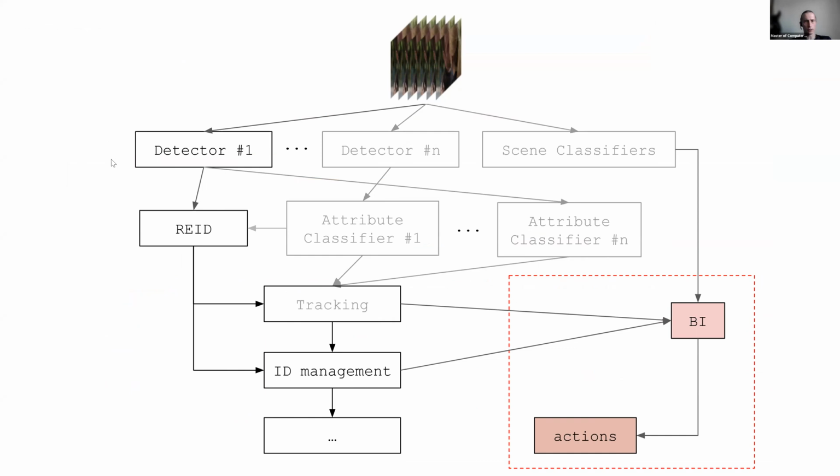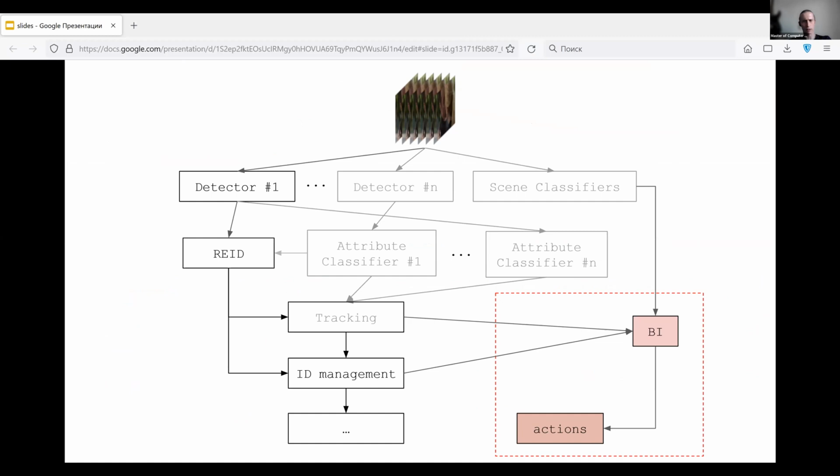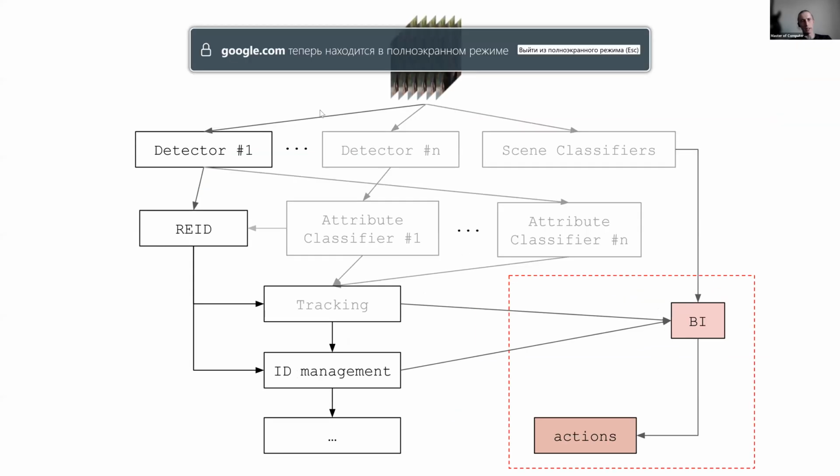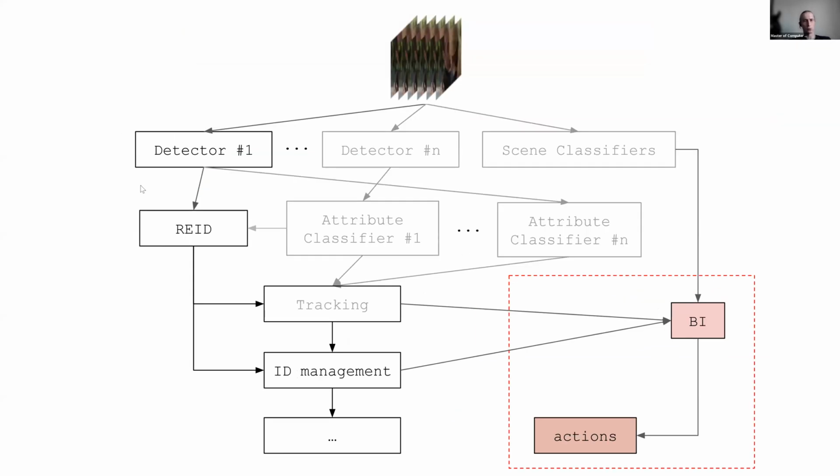By the way, I think this pipeline is described step by step in the project description. I mean, you receive a frame, you detect your object, so you have detections now.